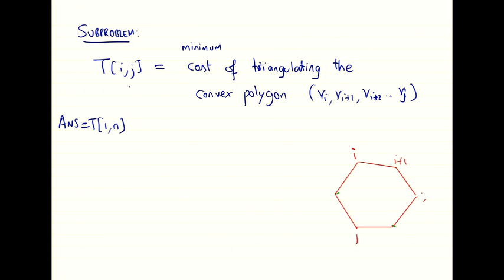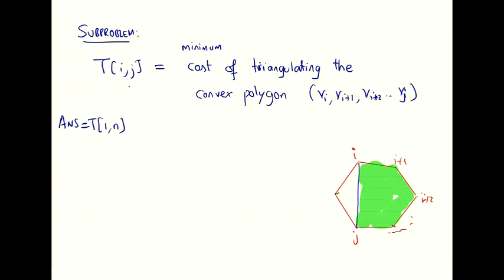Let's say j is here, with i plus 2 and so on.